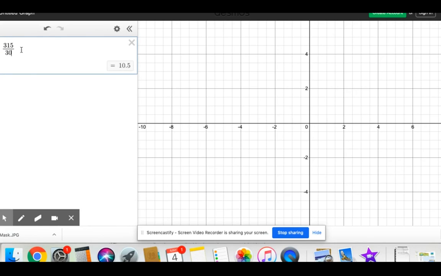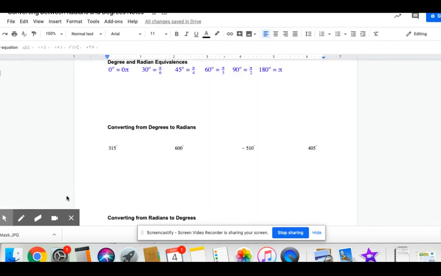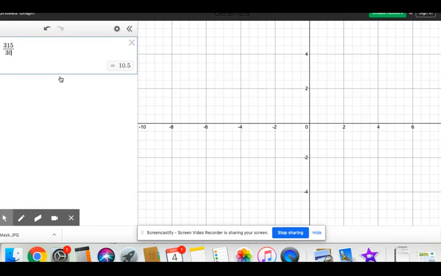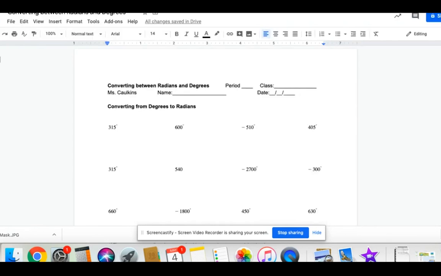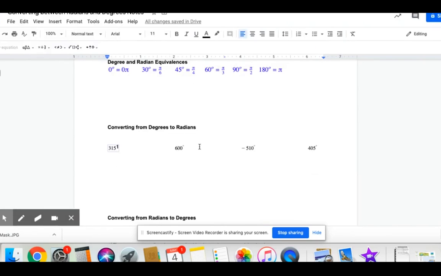It ends in a 5, and most things that end in 5 can be divided by other things that end in 5. For example, 45. So I might think that this belongs to the pi over 4 family. So if I do 315 and divide it by 45, I find out I get 7 45s, which means 315 degrees is the same thing as having 7 45 degrees.